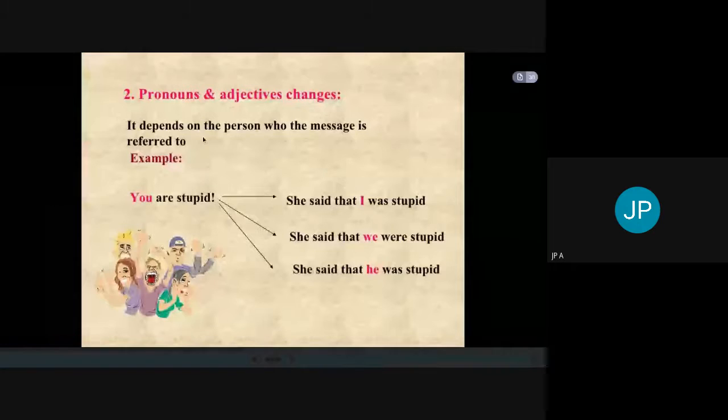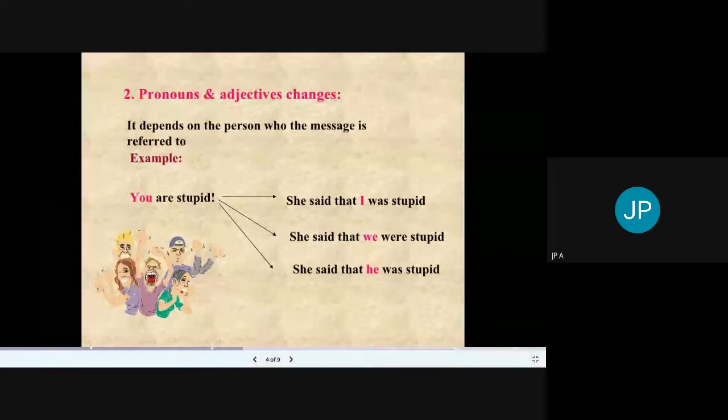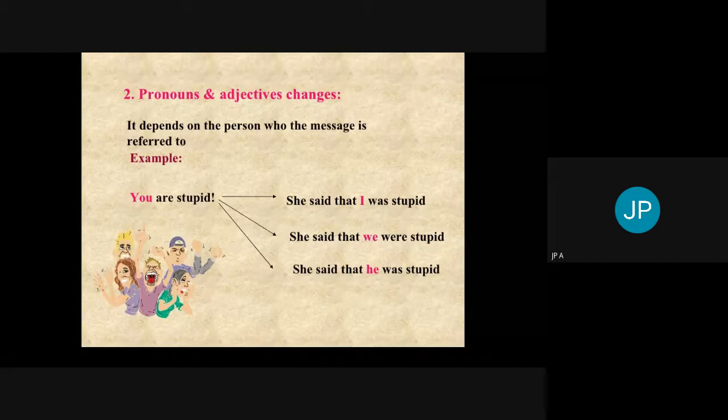See, pronouns and adjectives change. So, "you are stupid" becomes "I was stupid" because "you" can be anything: we, he, anything depending upon the situation. So these changes happen according to the situation, who is speaking to whom.